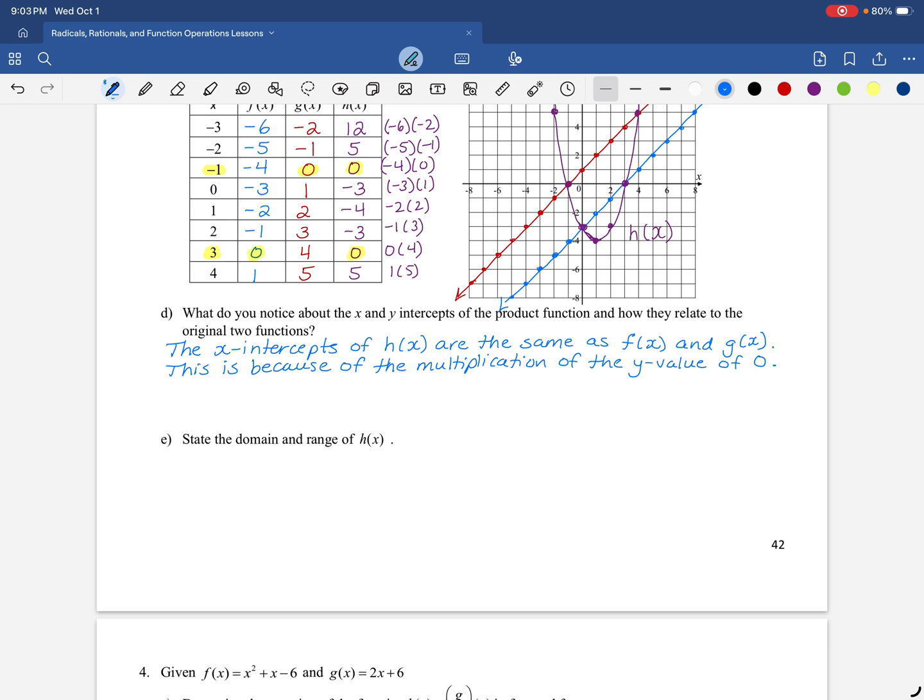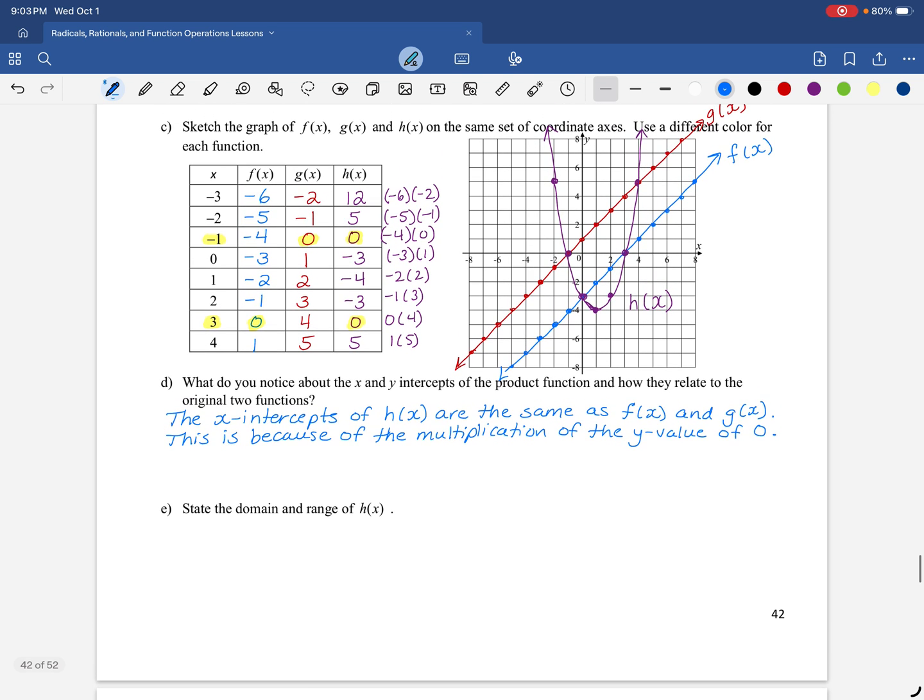Okay, now let's take a look at your y-intercept. The y-intercept here just happens to be the same y-intercept as function f of x. But again, we know that we were multiplying to get them. So if I highlight this one here and this one here on the graph paper, g's y-intercept was positive 1, f's y-intercept was negative 3. So the only reason why your product function shared that y-intercept of negative 3 is because it was actually multiplied by a 1.